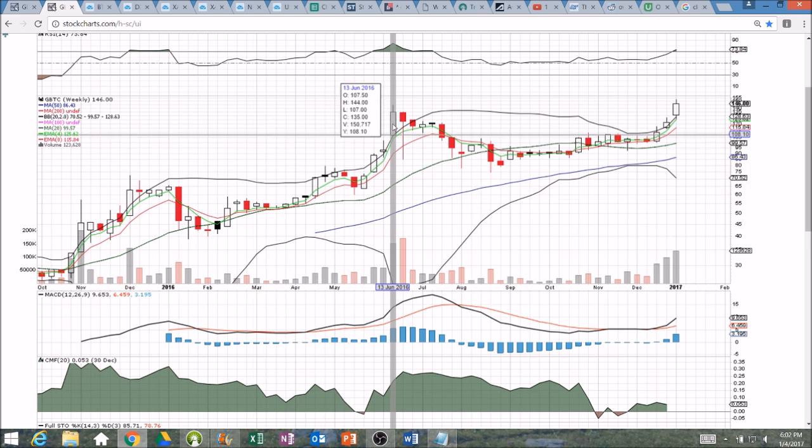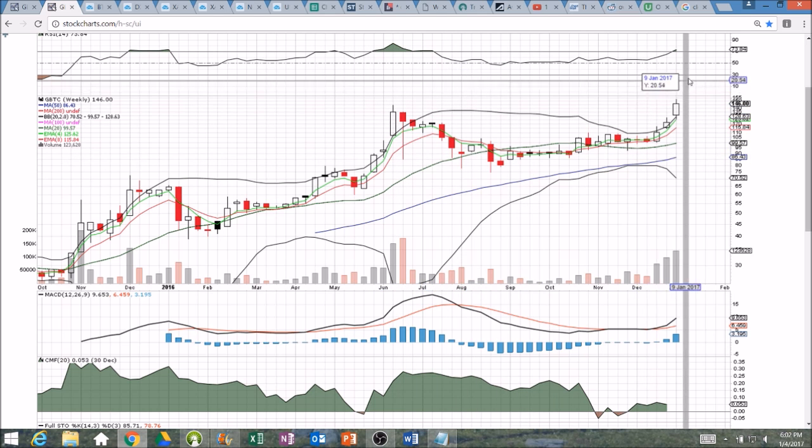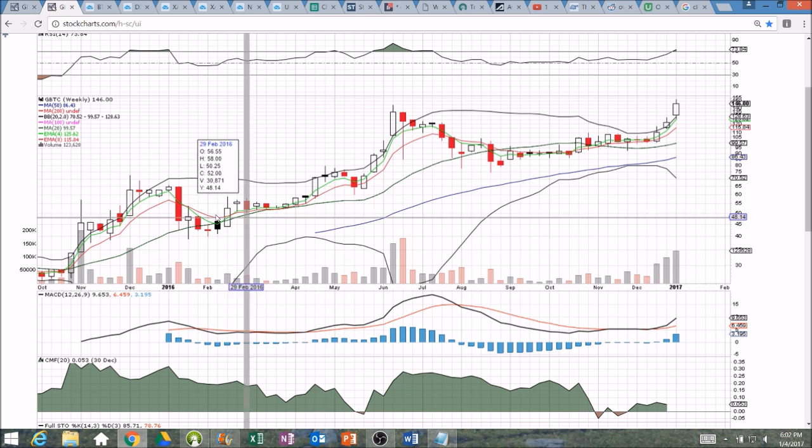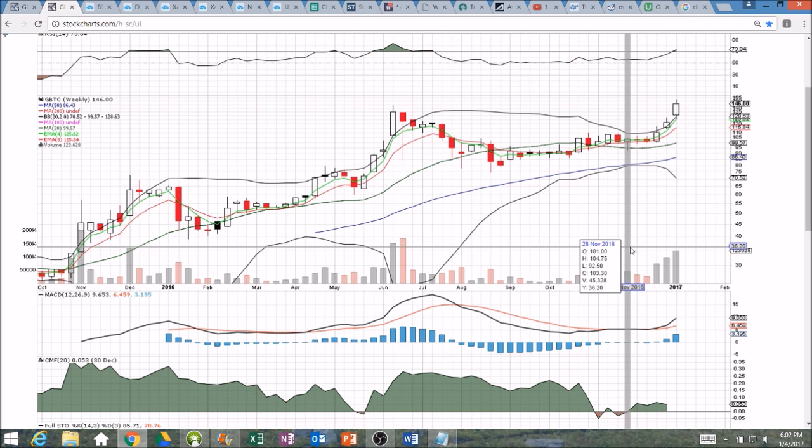Weekly time frame, we can see that spike. We got up to 144 back in June. We consolidated, and now we're breaking to higher highs again, increasing bullish volume. I cannot stress that enough, how the increasing volume, it's almost proof. Volume I view as proof on a move. If we see a big bull breakout on low volume, I'm not trusting that move.